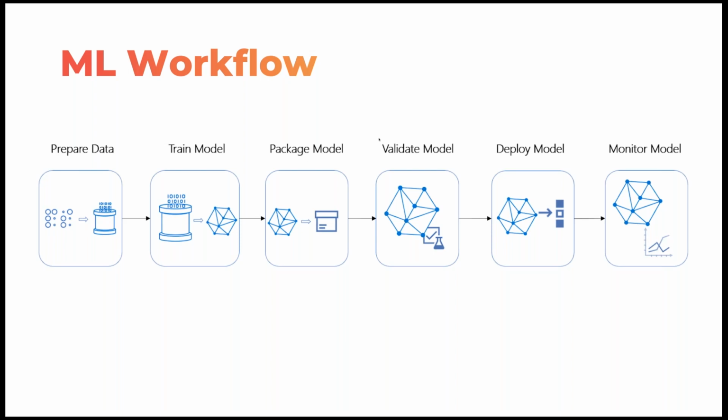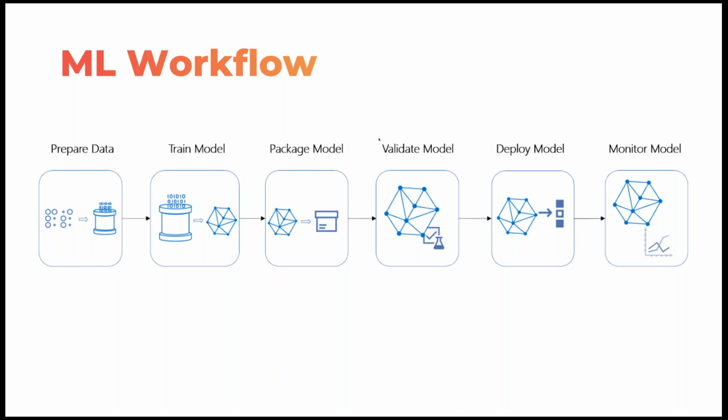And then it gets validated with some real-world data, and it is finally deployed in a highly scalable cluster, something like a Kubernetes cluster or a fleet of VMs exposed by a load balancer. And it is constantly monitored to see how the performance is, how many requests per second are being sent to this model, and what can be done to enable high availability of the model.